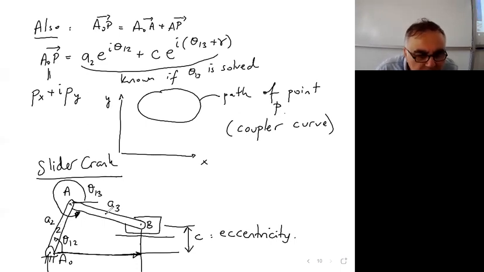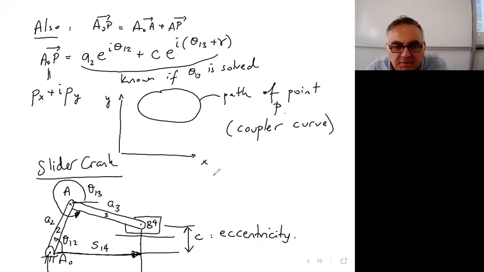This is 2, this is 3, and this is 4. This distance is called S14, the distance of link 4 with respect to the ground, a fixed point. So S14 would be the variable.